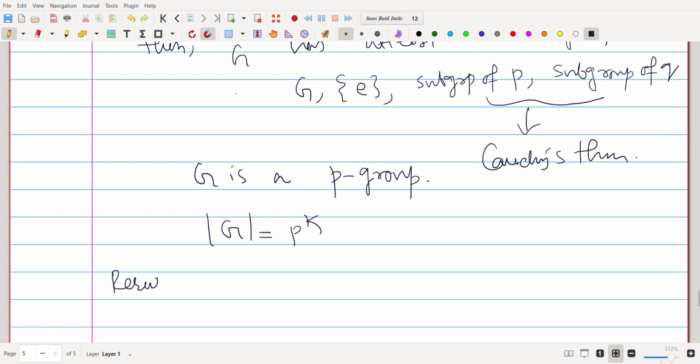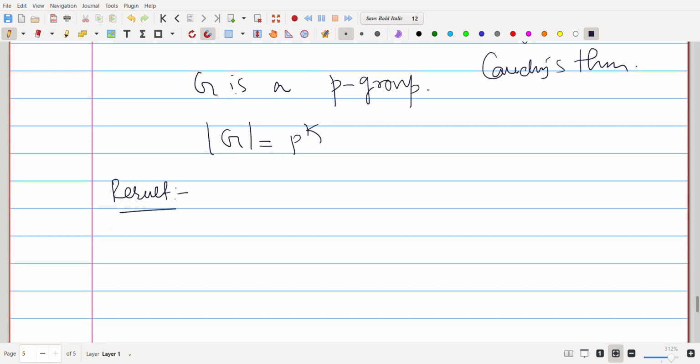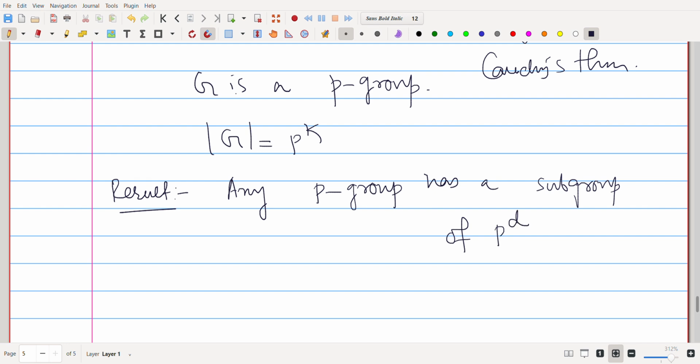Now there is a basic result, maybe I will make a different video for this, that any p group of order p power k has a subgroup of order p power d for all d less than or equal to k, right?